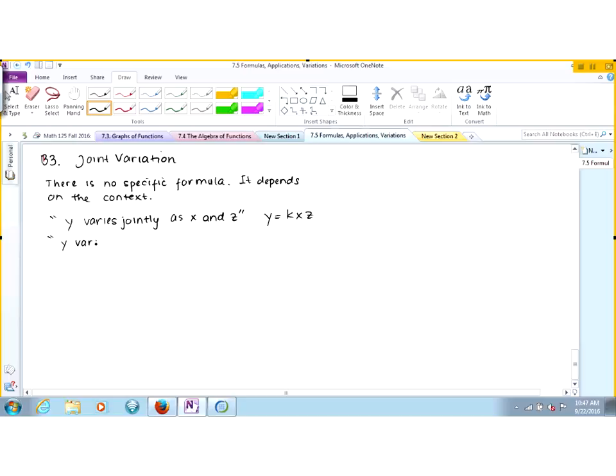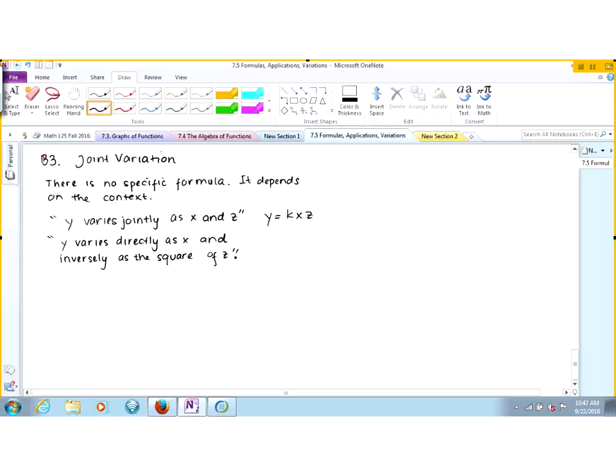So sometimes it says y varies directly as x and inversely as the square of z.